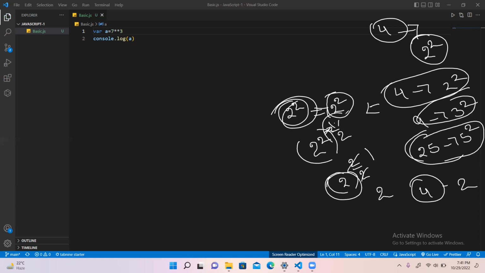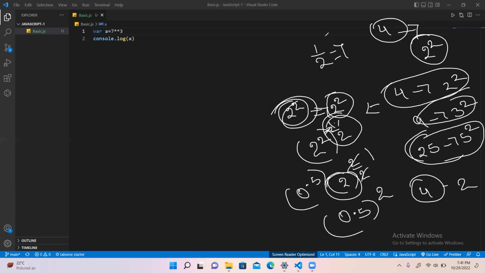And how to write that half in code? You can write 0.5, right? You can write 0.5. Okay. So let's try this question. You have the value of 49, and you want the value of 7, because we know that 49 is the square of 7.